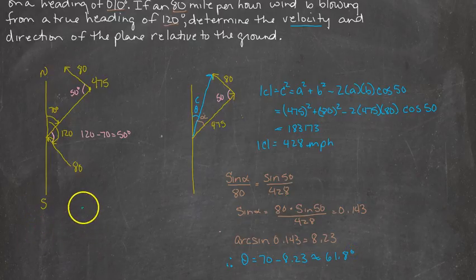Therefore, I can say that relative to the ground, the plane is flying 428 miles per hour at a bearing or a heading of 62 degrees.